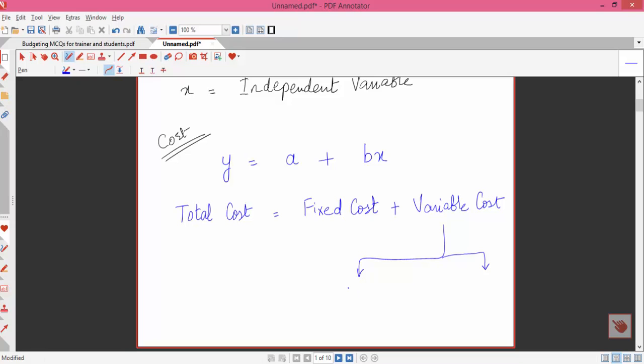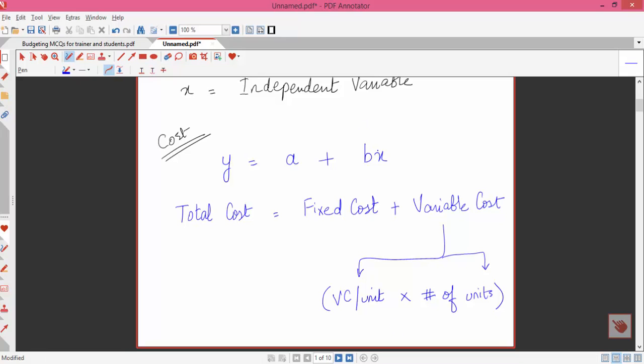So for example, here I am saying B is variable cost per unit and X is number of units, assuming that the variable cost is incurred on the number of units. So the more number of units, the more will be the variable cost.